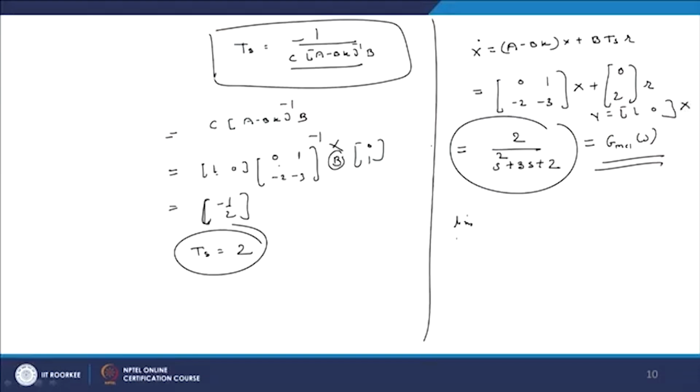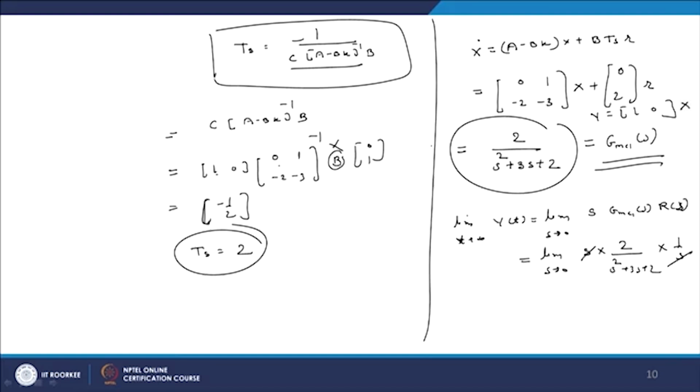Now, if we want to determine the steady state error, steady state means the limit as t tends to infinity of y of t, equal to the limit as s tends to 0 of s into G modified CL of s into the step input R of s. Here we find the limit as s tends to 0 of s into 2 upon s square plus 3s plus 2 into 1 by s.